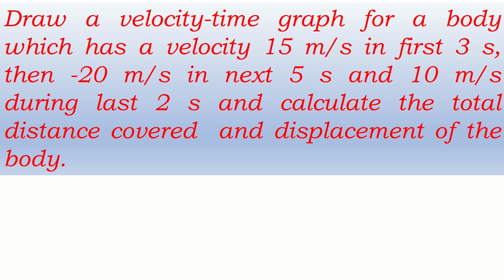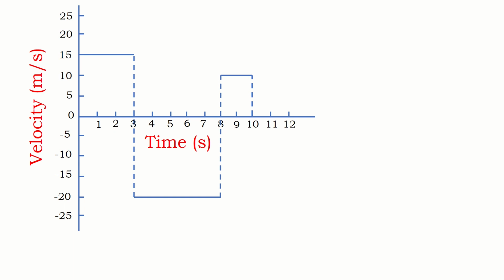Okay, after this, there is another part in the numerical problem. Look at this second part: calculate the total distance covered and displacement of the body. How to get this? This is A, a rectangle, this is B, another rectangle, and this is C, another rectangle. If we add the areas of these rectangles numerically with proper sign, it gives displacement.